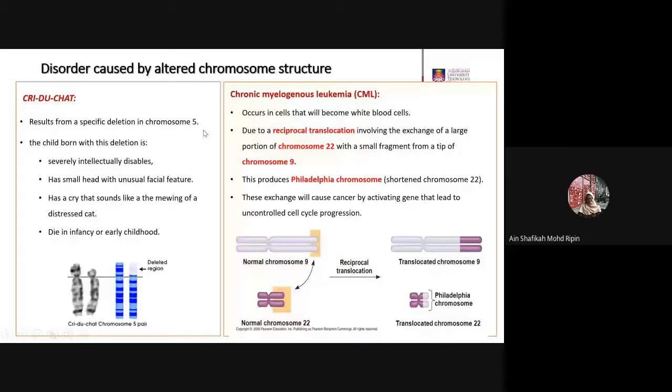So the last two disease is cri-du-chat. So cri-du-chat dia involve di chromosome 5. Okay, so this is chromosome 5, so dia mengalami deletion. Okay, so the child born with this deletion is severely intellectually disabled, has a small head with unusual facial feature, has a cry that sounds like a meowing of a distressed cat. So die in infancy or early childhood.